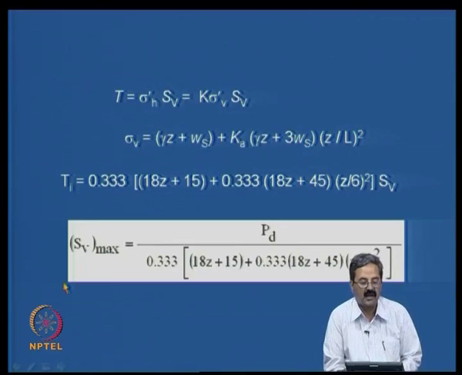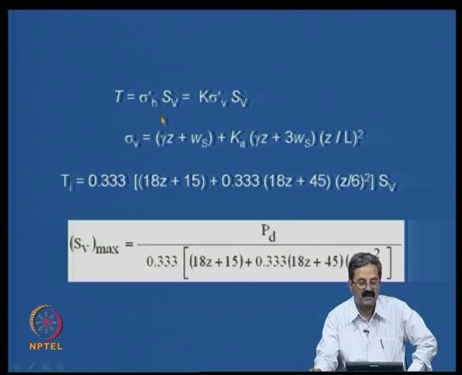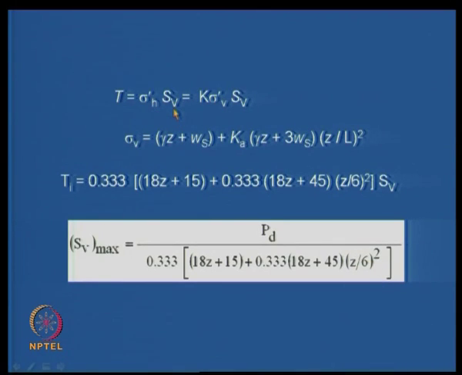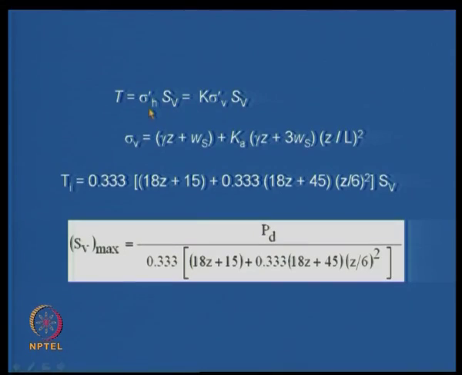Now, as I just mentioned, how to calculate the tensile forces? This is the horizontal force into SV, where SV is the spacing. Say for example, you assume a spacing of SV, and this horizontal force is the tensile force required to keep that layer in position, with Ka and sigma V given by the formula.